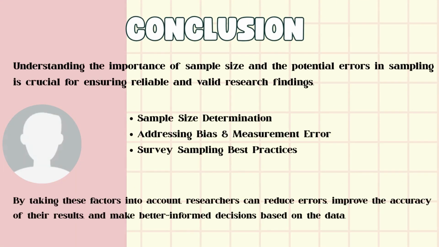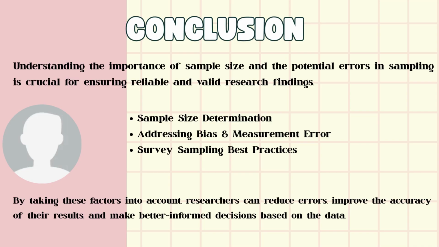As we conclude, it's important to emphasize that understanding the significance of sample size and the potential errors in sampling is crucial for ensuring reliable and valid research findings. To recap, we covered a few key areas. We looked at sample size determination. It's important to choose a sample size that truly represents the population so we don't end up making mistakes.